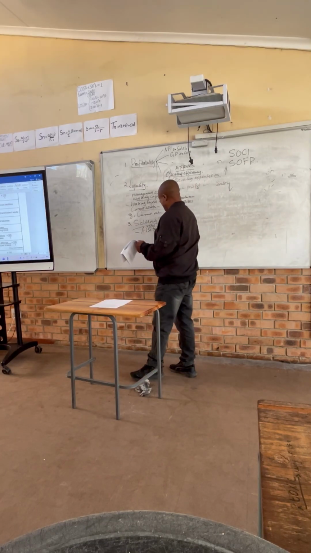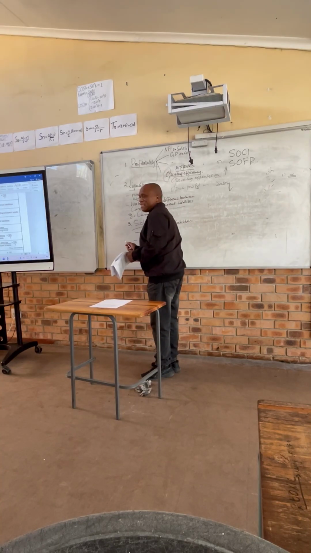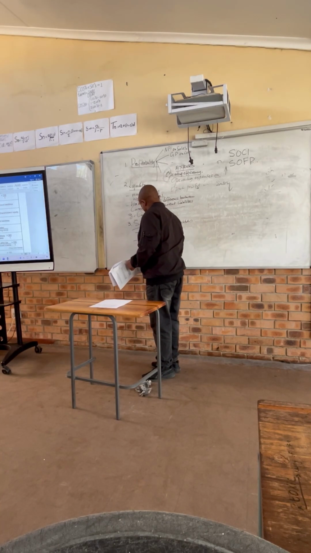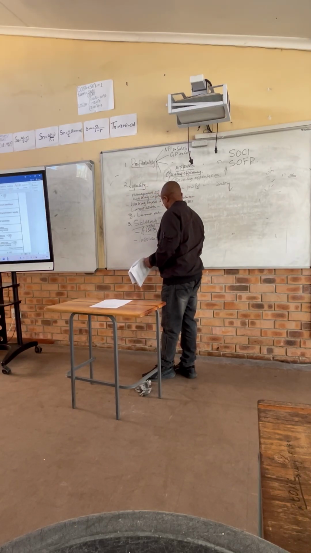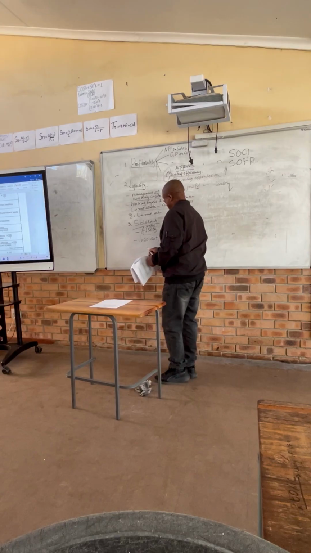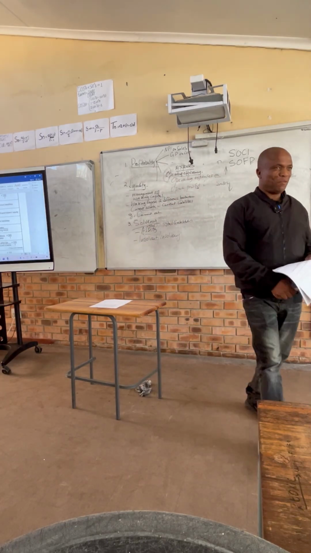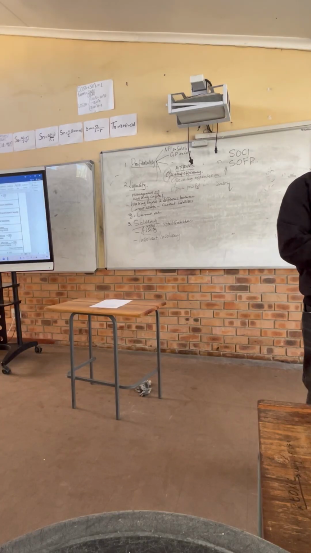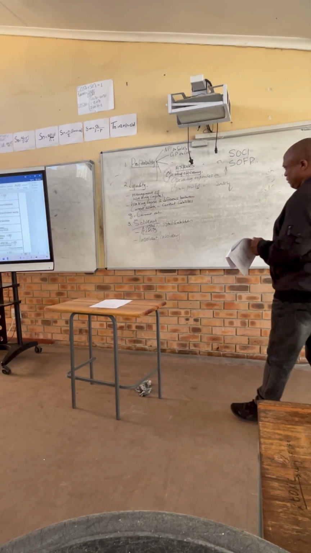Then, if we don't have enough assets, we are going to end up having a situation of being insolvent. Insolvent or insolvency. It means our total assets are less than our total liabilities. So we have to pack our bags and go home because now we don't have money to operate.